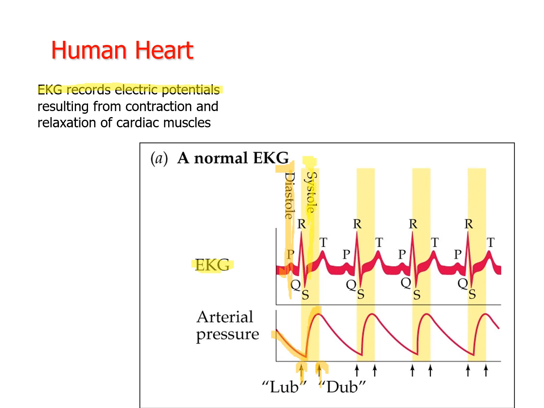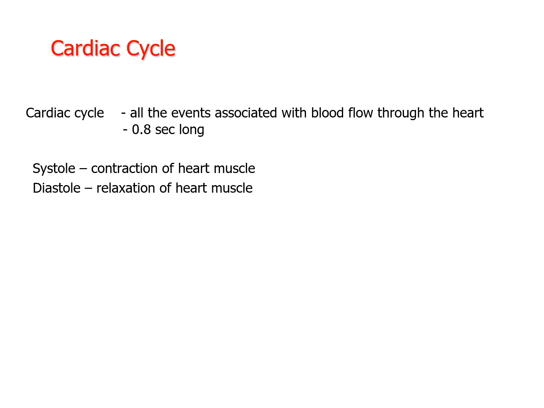So you'll find the first sound occurring when systole occurs. That's the contraction of the ventricles, and therefore the arterial pressure is going to be rising, and then you have relaxation, diastole. Whole cardiac cycle is about 0.8 seconds long.